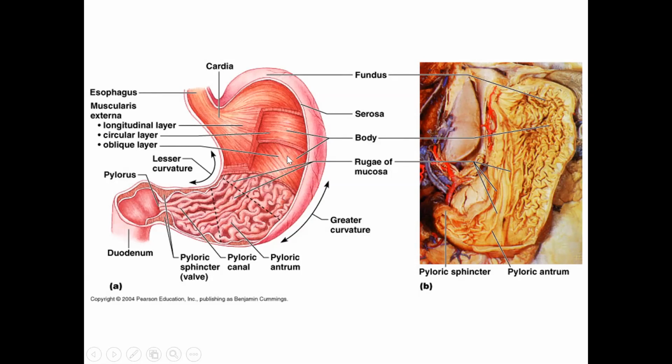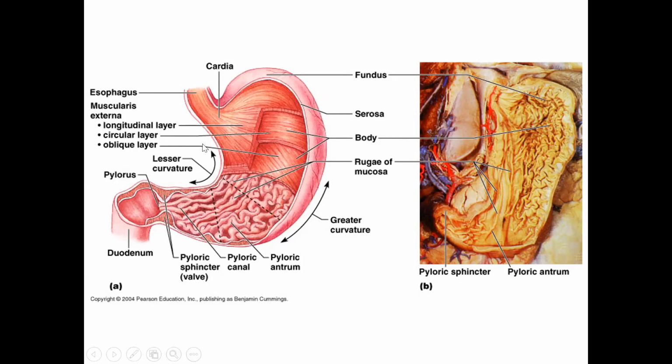If you look at the muscularis externa here, remember I gave you two layers when we talked about the general wall structure, the longitudinal and the circular. Do you remember which one is the deeper layer, longitudinal or circular? Circular is inside, longitudinal is outside. For the stomach, because it is the major organ for physical digestion, you need a huge force to tear particles apart.